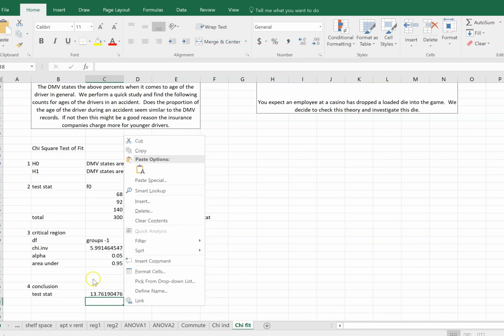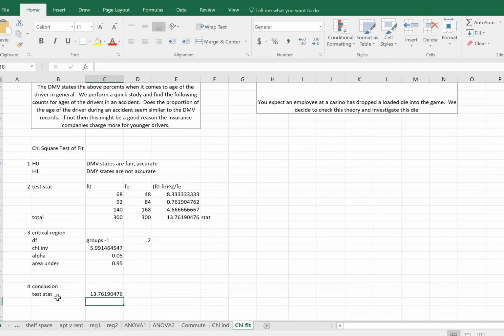I notice my cutoff, or critical value, if you want to call it that, is right there. My test statistic clearly is over the cutoff. The test stat is greater than the cutoff. That tells me I must reject H naught.